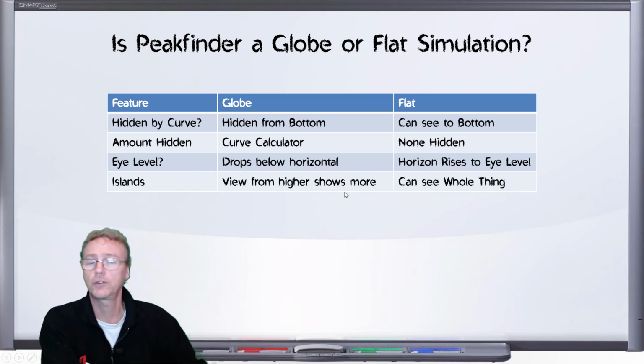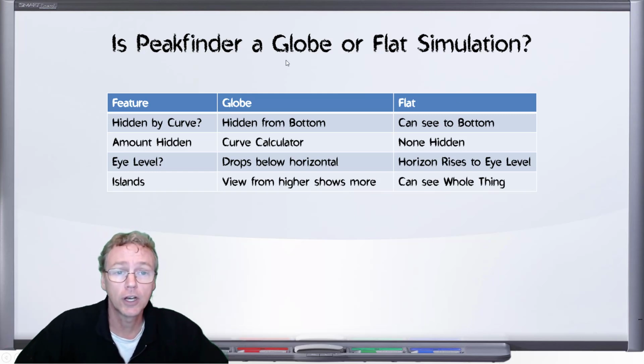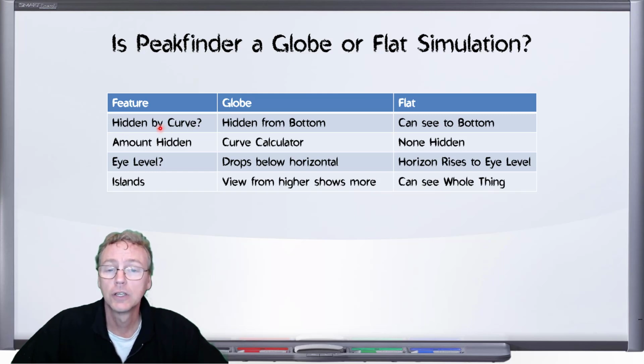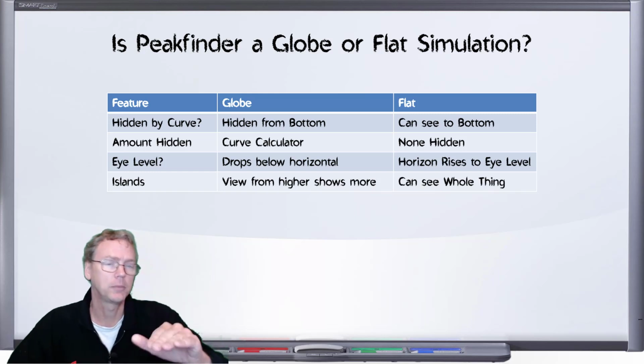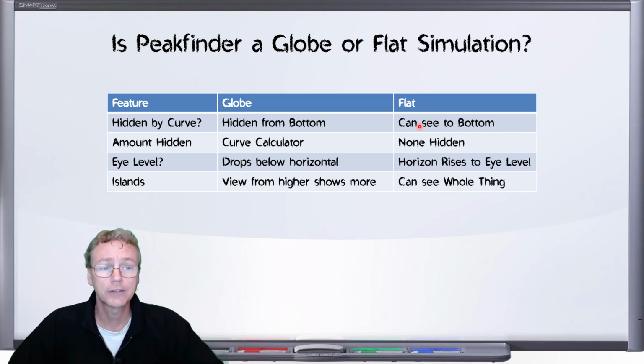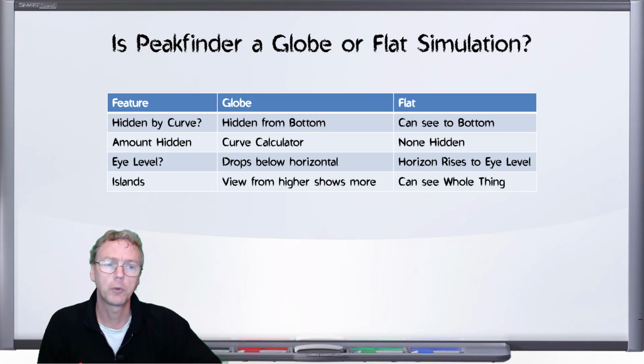If Peakfinder is a globe simulation, then I expect that mountains in the distance will be hidden from the bottom up. That would be a globe feature. If it was a flat simulation, we would not see that. We would not want to see the bottoms of things cut off. That would mean it was flat.